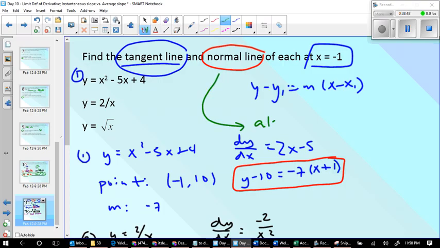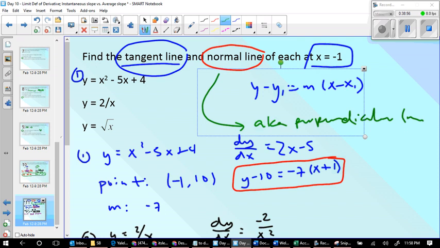So this is also known as a perpendicular line. Okay, so that would give me a line that shares the point but has a perpendicular slope. Well, if I have a slope, how do I find a perpendicular slope? Okay, well that's just going to be the negative reciprocal, right?